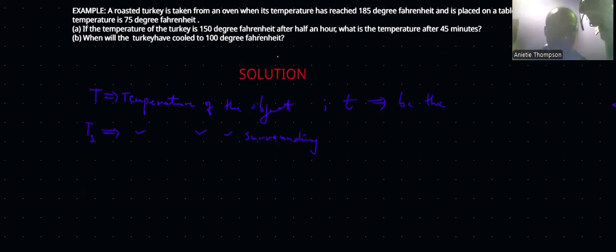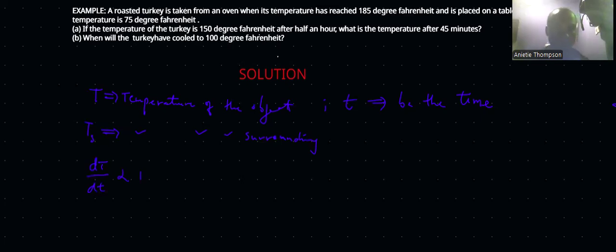In this case, from Newton's law, it implies that the rate of change of the temperature of the body with respect to the time change is proportional to the temperature of the object minus the temperature of the surrounding.